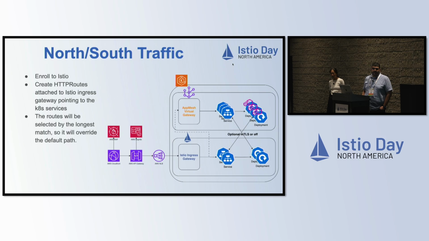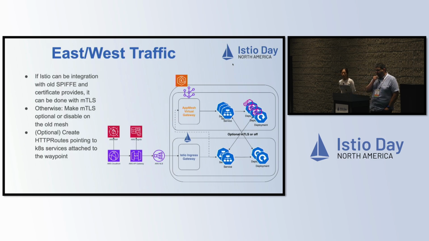And we do this step by first removing the annotations for enrolling into AppMesh and adding the new annotation for the namespace to enroll into Istio, and create an HTTP route that has the prefix for that microservice. So the match for that service will be by the longest match for the path.